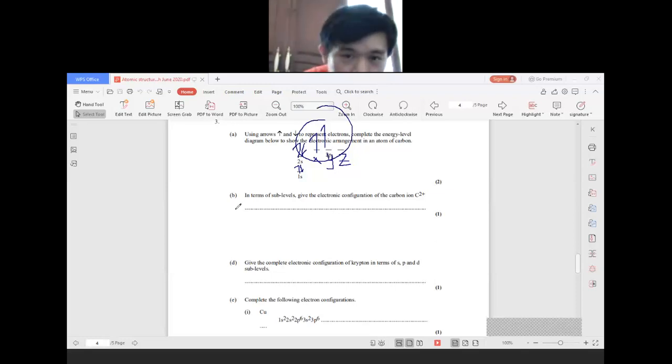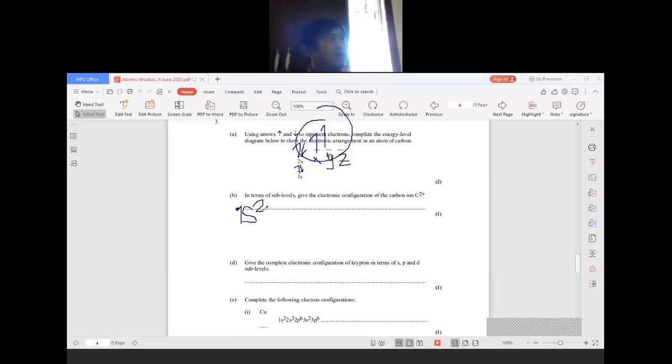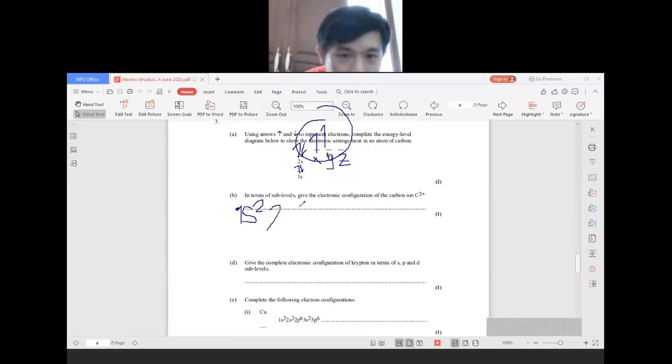Now, in terms of sub-level, give the electronic configuration of the carbon ion C2+. In C2+, we have to write like this: 1s2. The electrons lost are from the outermost first. The outermost are the 2p orbitals, so this one is 2s2.